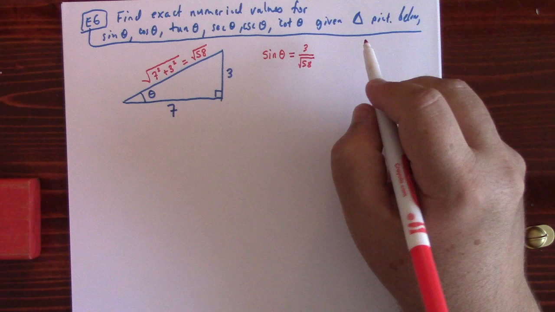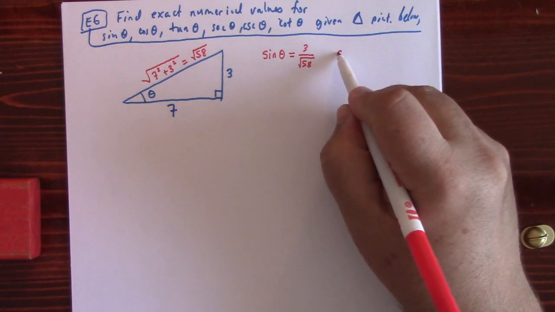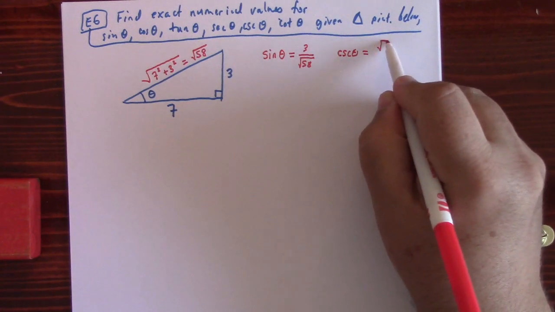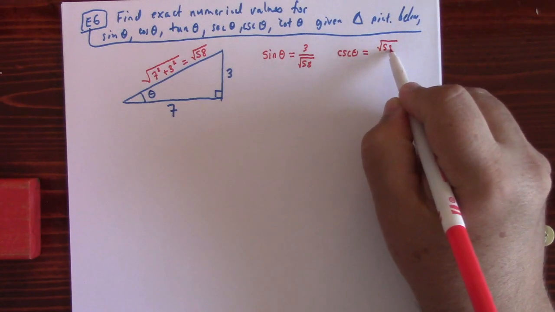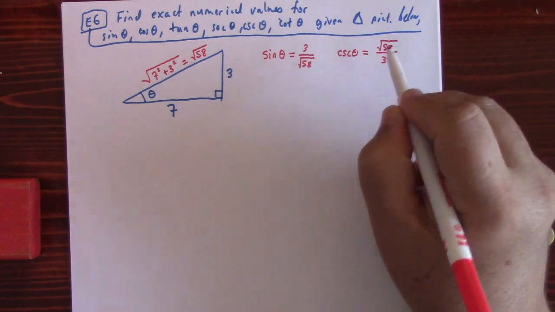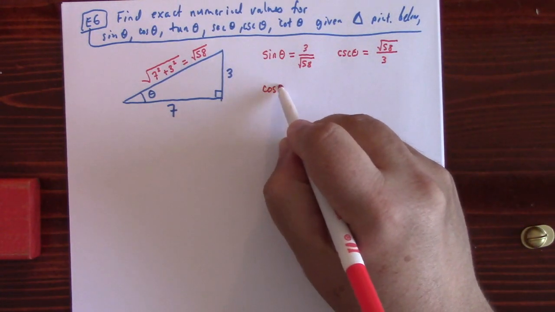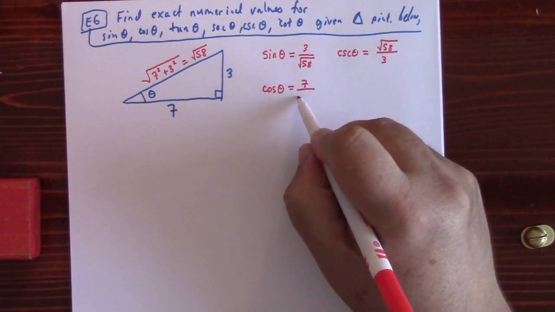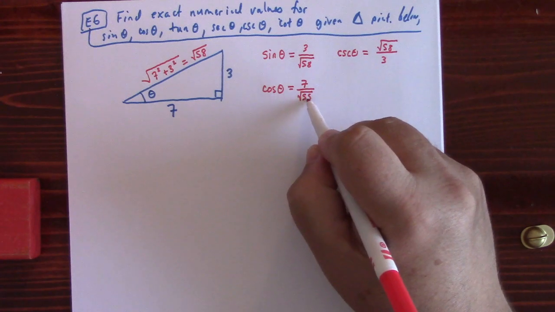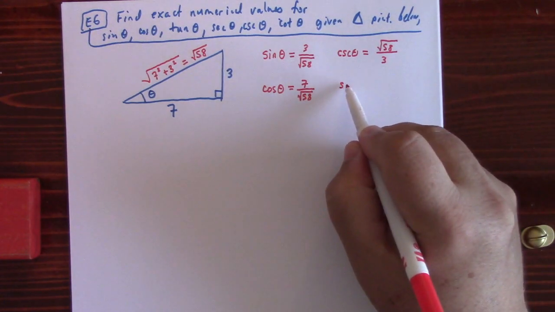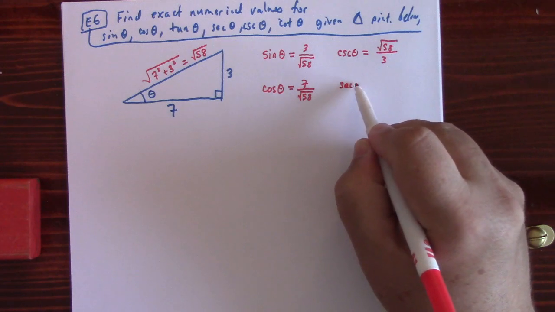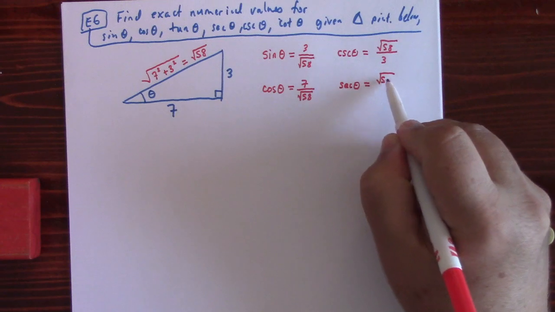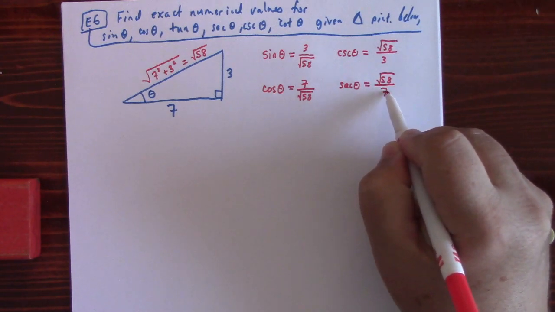And the reciprocal to that, cosecant, is 1 over sine theta, so we have square root of 58 over 3. Cosine theta, we do adjacent, which is 7 over hypotenuse, square root of 58. Then the reciprocal to cosine is the secant theta, and that is the square root of 58 over 7.